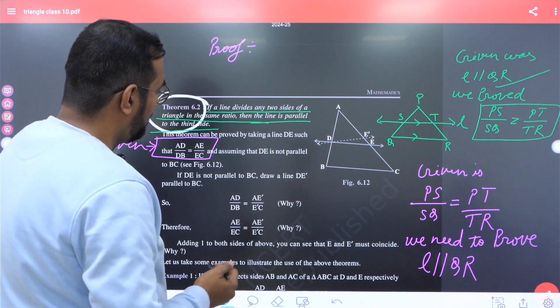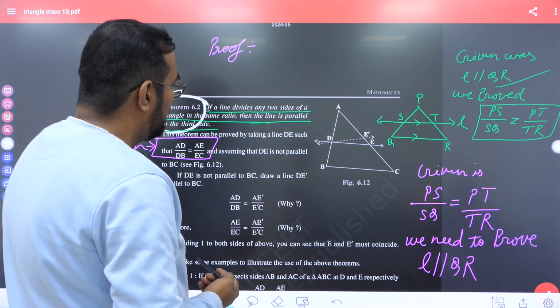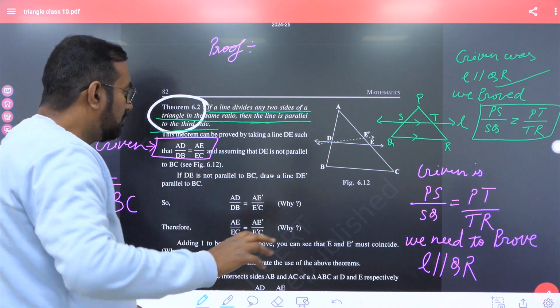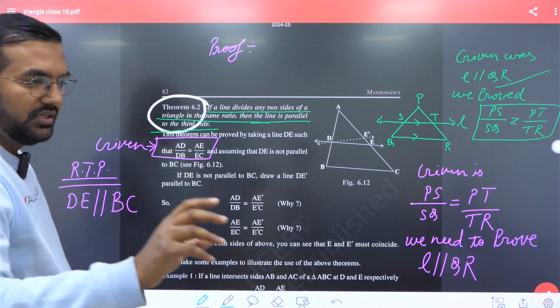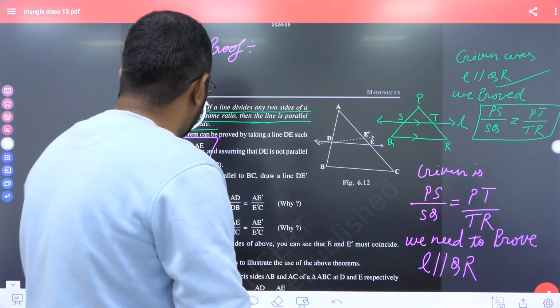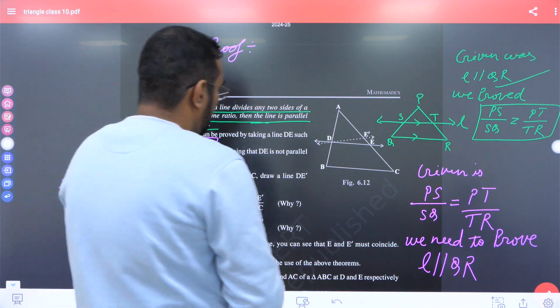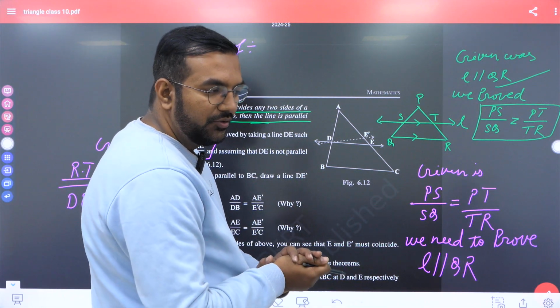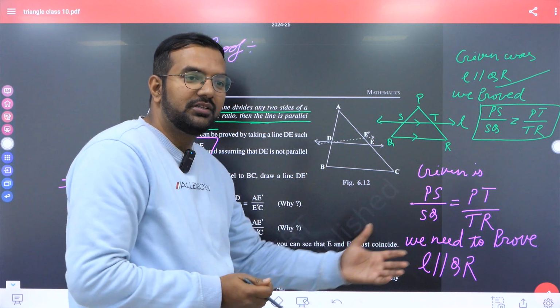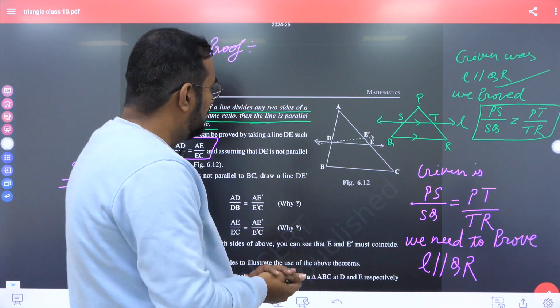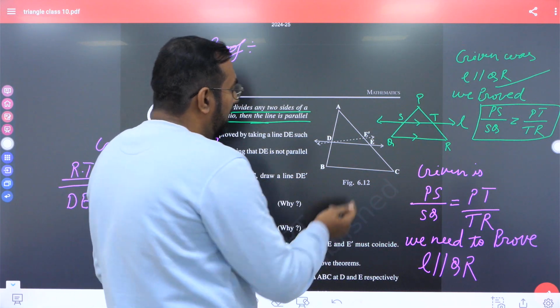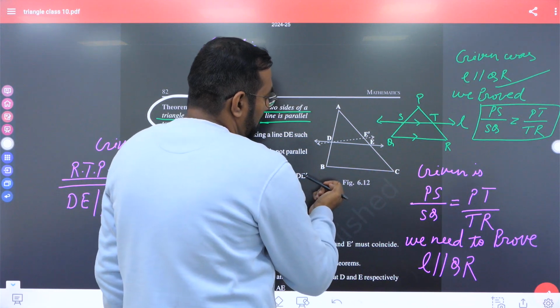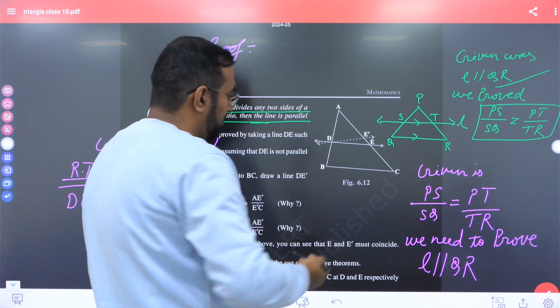Now here we will prove it by the method of contradiction, or you can say the method of assumption. First assume that DE is not parallel to BC.